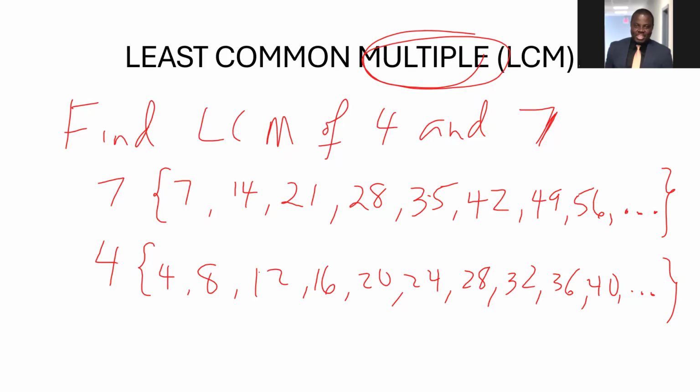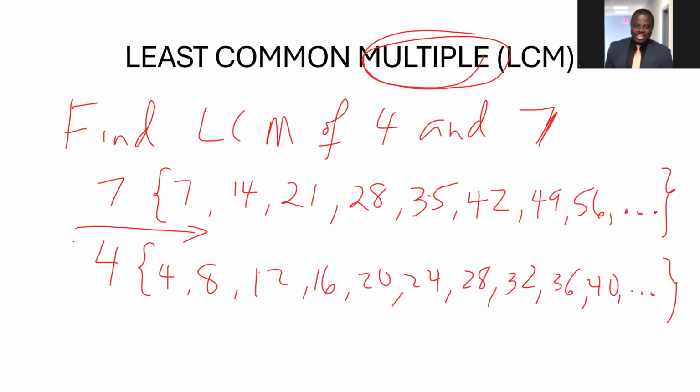But the problem says find the least or the lowest common multiple. So common means it has to be a multiple of 7, and at the same time, it has to be a multiple of 4. But it should be the least or the lowest common multiple. Because we are dealing with the lowest, you're going to start from the least numbers or the smallest numbers. So let's start with 7. Will 7 be common between the multiples of 4 and 7?